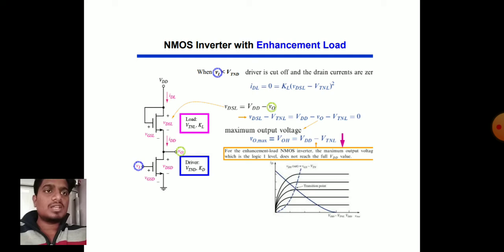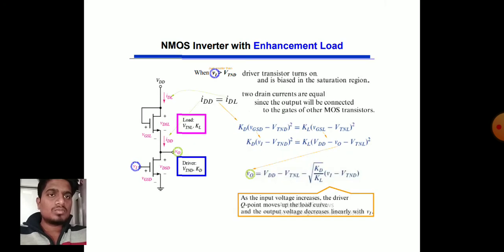NMOS inverter with enhancement load. When Vi is less than VTN, the driver is cut off and drain current is 0. For the enhancement load NMOS inverter, the maximum output voltage, which is the logic 1 level, does not reach the full VDD value. Then the driver transistor turns on and is biased in the saturation region.